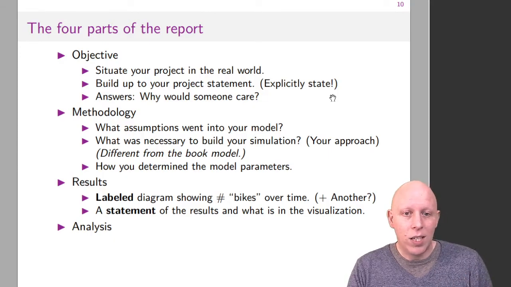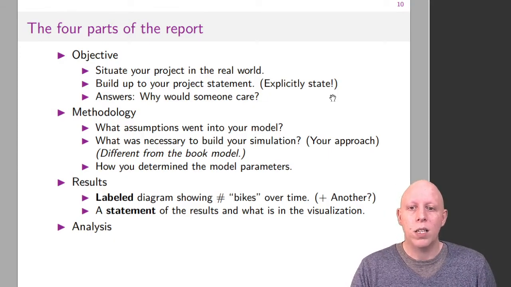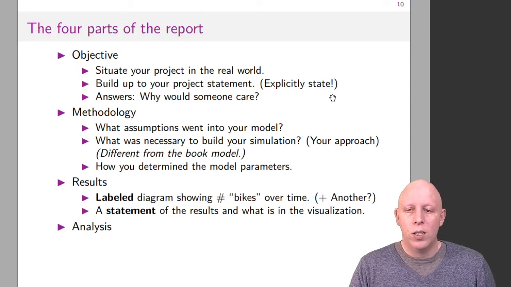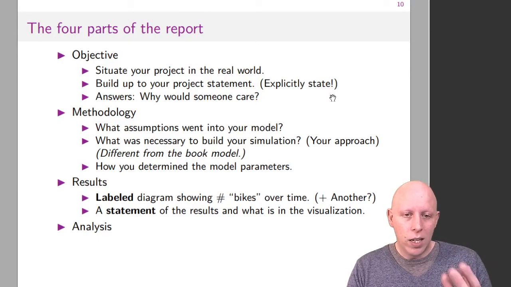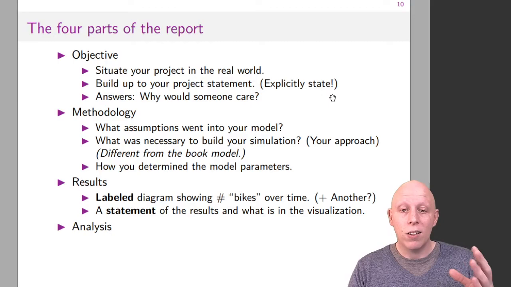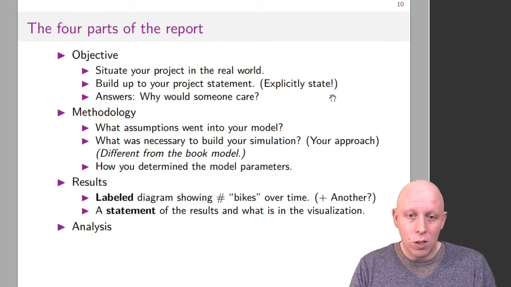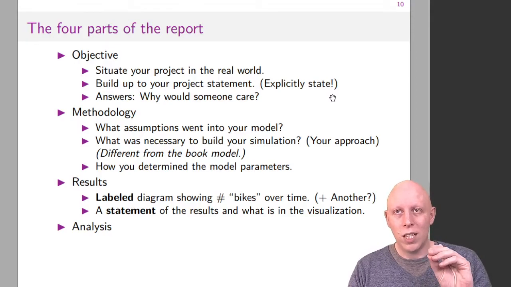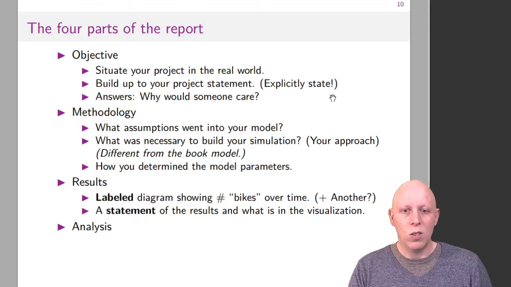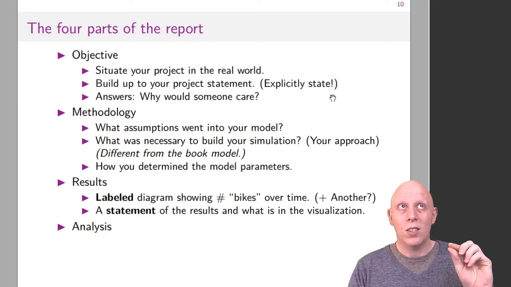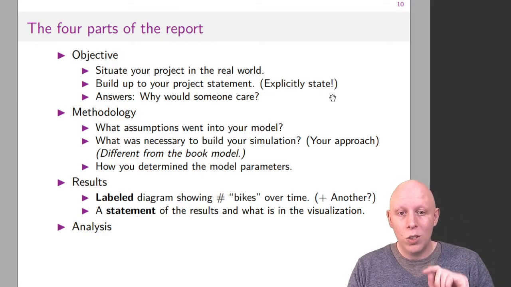It's not necessary to have this second diagram in this results section. So it's not just showing the diagram, but then writing a paragraph that goes along with it, which gives a statement of the results. So it should be very explicit. This is what the results are, what the reader should see from the visualization.